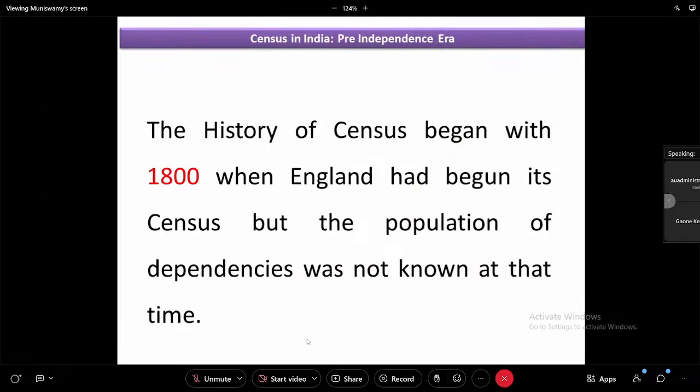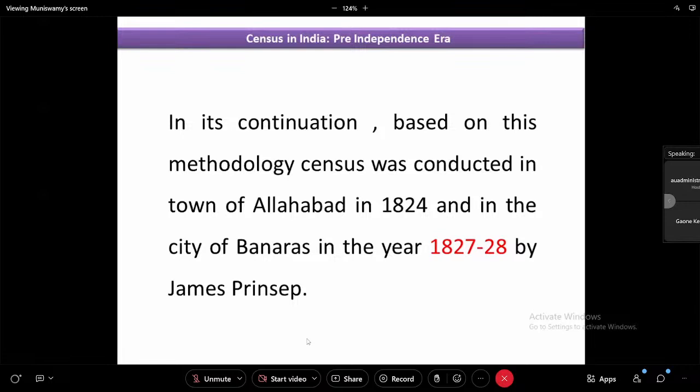Beginning with 1800, when England had its dependencies, the population of dependencies was not known at that time. Based on the English methodology, a census was conducted in the town of Allahabad in 1824 and the city of Benares in the years 1827 and 28 by James.